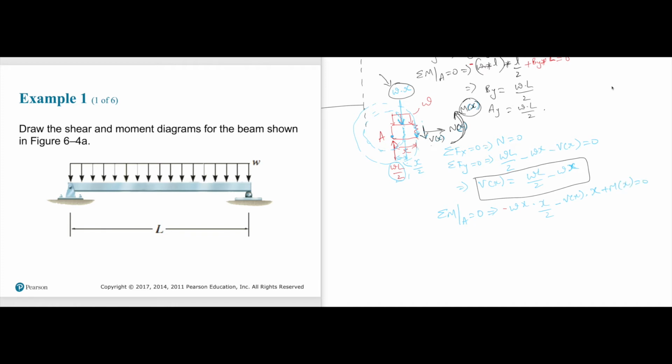So if you rearrange that, what do you get for M of x? We get Wx squared over 2 plus V of x times x, which is Wx squared over 2 plus, what is V of x? V of x is WL over 2 minus Wx, times x.